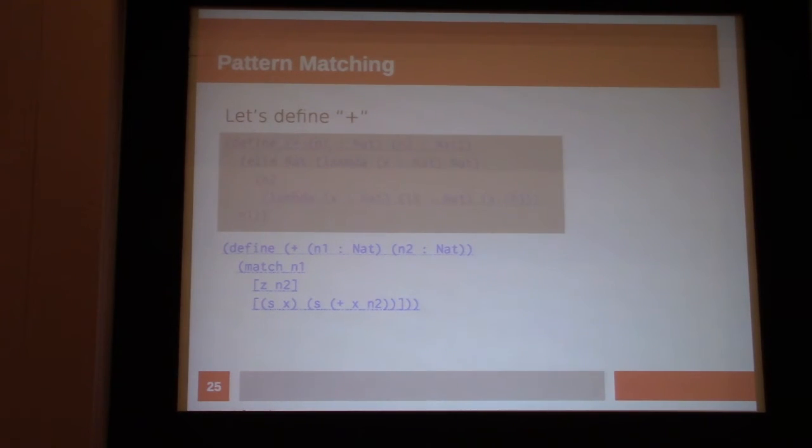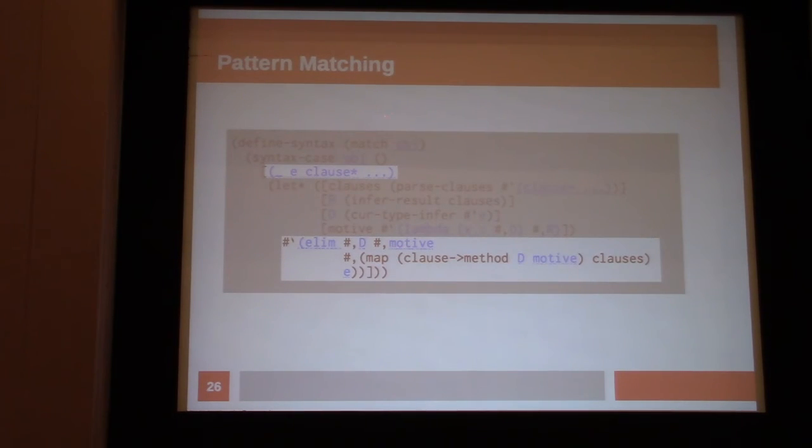Okay, so let's see how we write this. The first thing we do is define some new syntax called match, and we're going to pattern match on the incoming syntax object and split it into the term we're pattern matching on, E, and the pattern match clauses. Now we know that we're going to be generating this fold over an inductive type, so we're going to use this hash tick to create a new syntax object.